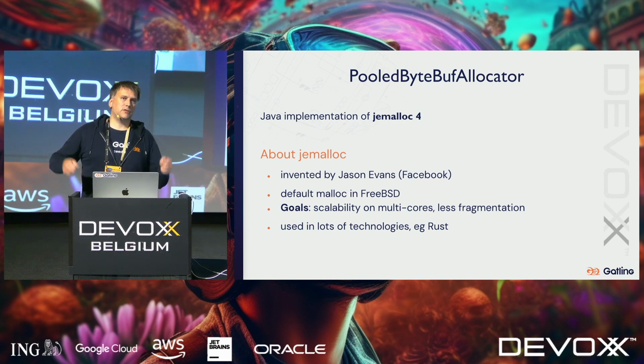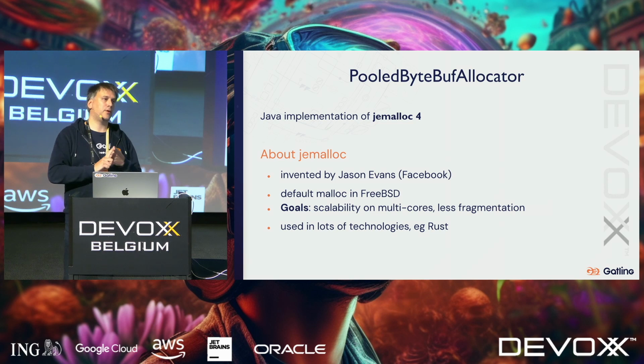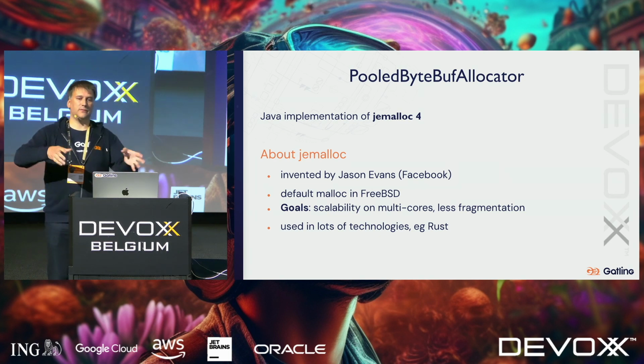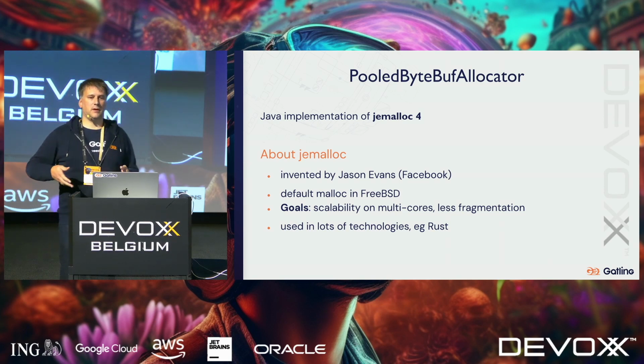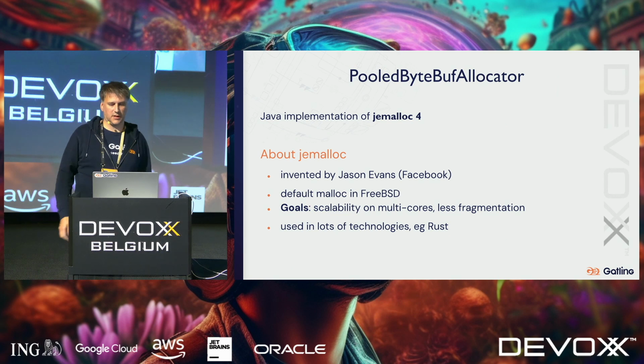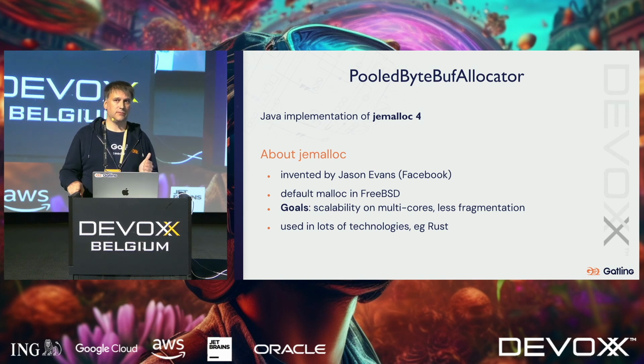The goals, when it was invented, were mainly to have proper scalability on multi-core architectures, and also less fragmentation. So avoid having lots of unused memory all over the place that you cannot use because it's too fragmented to be able to be used for allocating new objects. And actually, it's used in lots of different technologies, including Rust. This is the allocator in Rust.